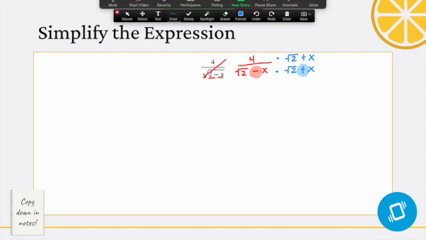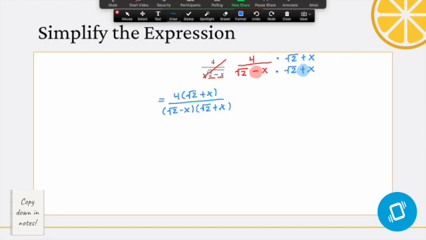Whatever I do to the bottom, I have to do to the top as well. So let's start off here with 4 parentheses square root of 2 plus x. On the bottom, we have square root of 2 minus x times square root of 2 plus x.